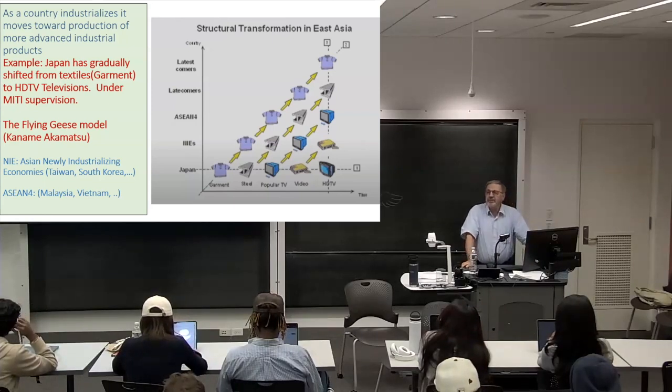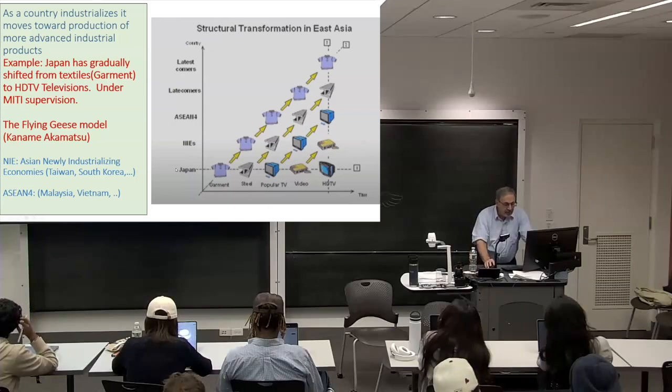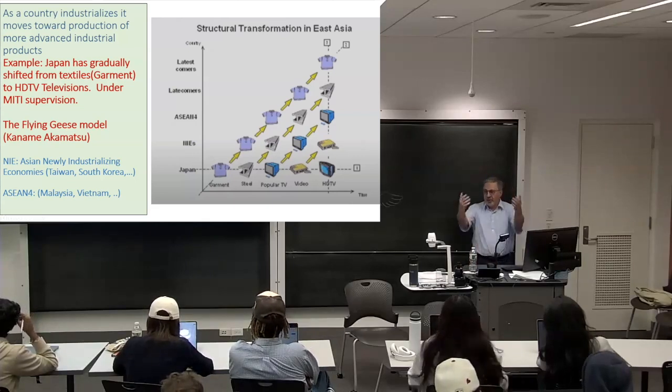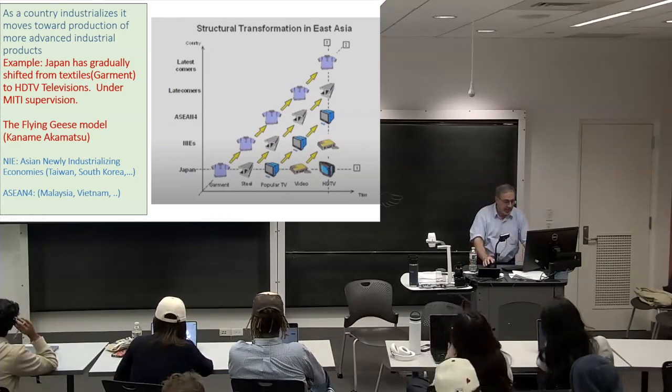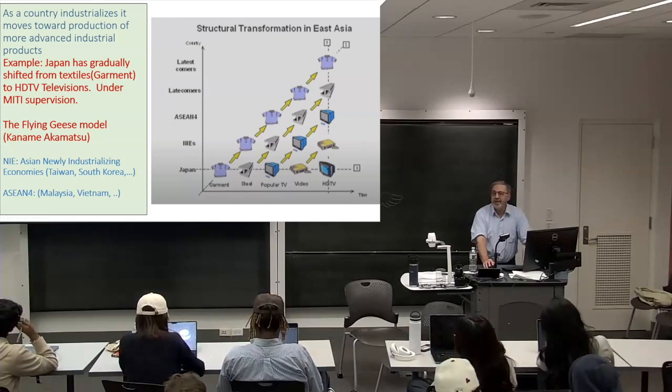Then productivity increases and the labor becomes more educated, and the government says, now we want to move into a new industry. So they stop protecting the textile industry, allow for import of textiles, and encourage the private sector to invest in the steel industry.